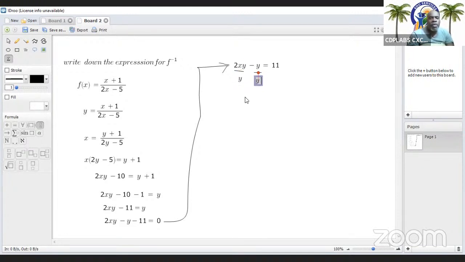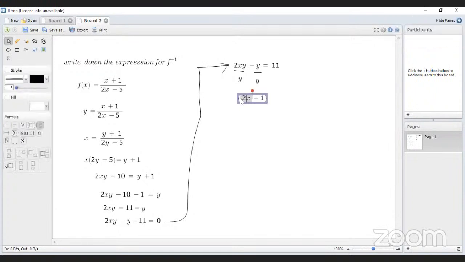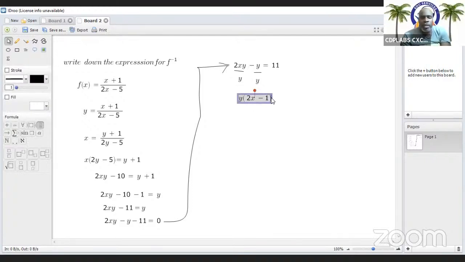So we divide both by y. y into 2xy goes 2x times. I put the bracket. And y into y goes 1 time, so minus 1. And what we use to divide, we put on the outside of the bracket. And that's now equal to positive 11.